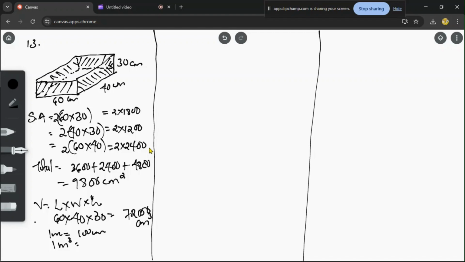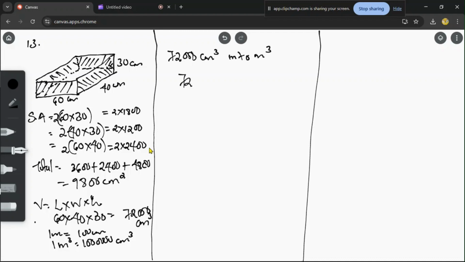So 100 by 100 by 100 is a million: 1, 2, 3, 4, 5, 6 zeros. So this is centimeters cube. To convert 72,000 centimeters cube into meters cube, I have to divide by 1 million.